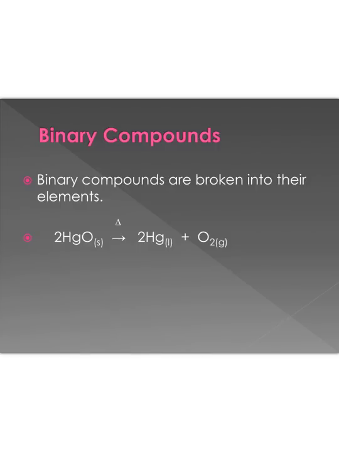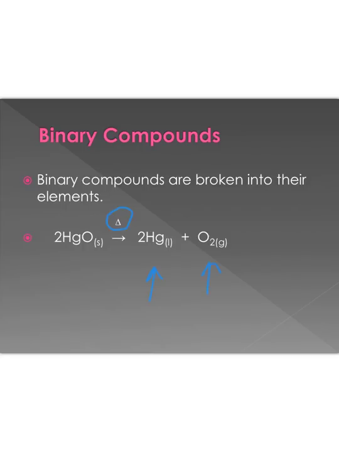So we can take some binary compounds and break them into their elements, like we see here with some mercury oxide. We've got this little triangle up above the arrow, which means we need to heat our reaction, provide some energy to get this compound to decompose. We're just going to break the mercury oxide into its elements, some mercury and some oxygen.